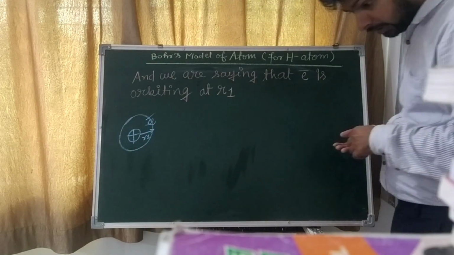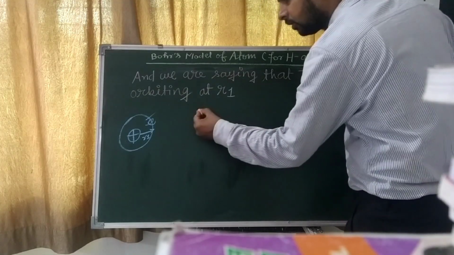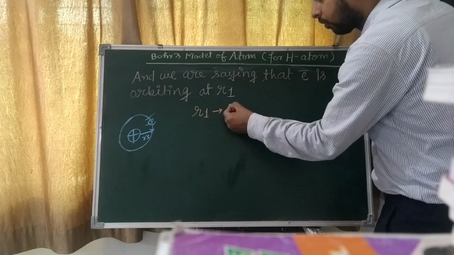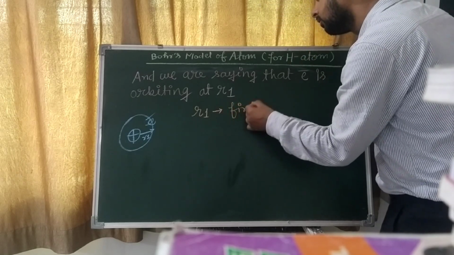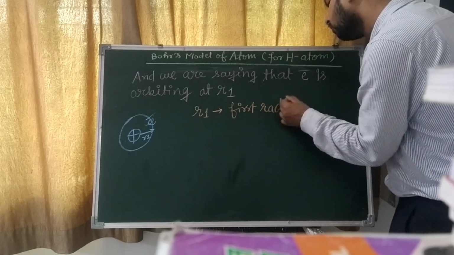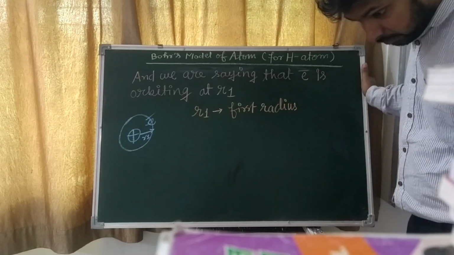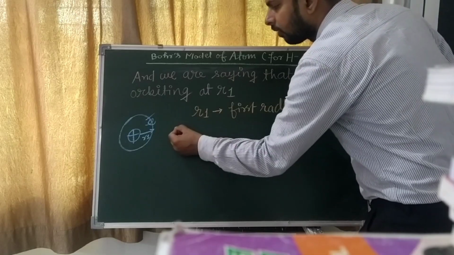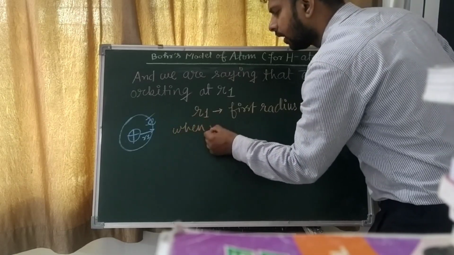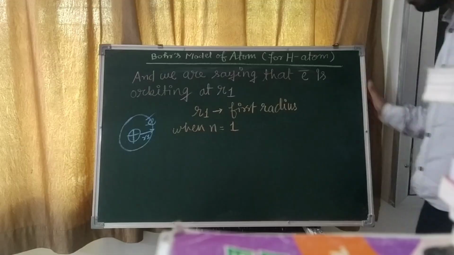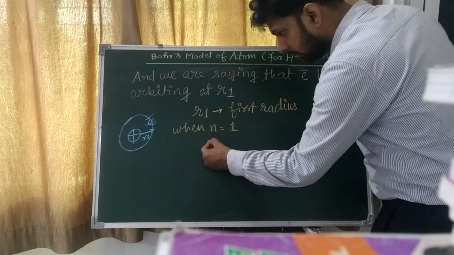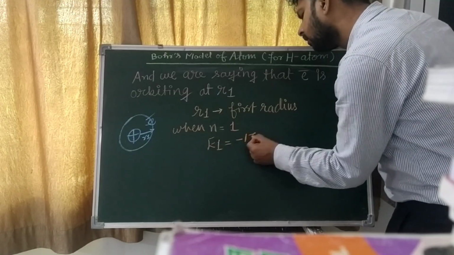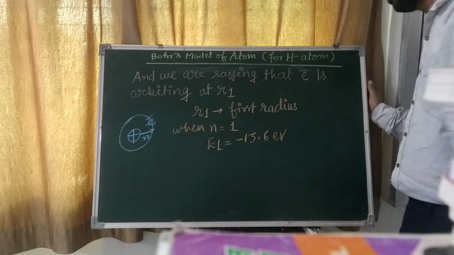R1 is the first radius, and for R1 the value of n will be 1. So when n is equal to 1, our energy E1 will be minus 13.6 electron volt. We have seen it.